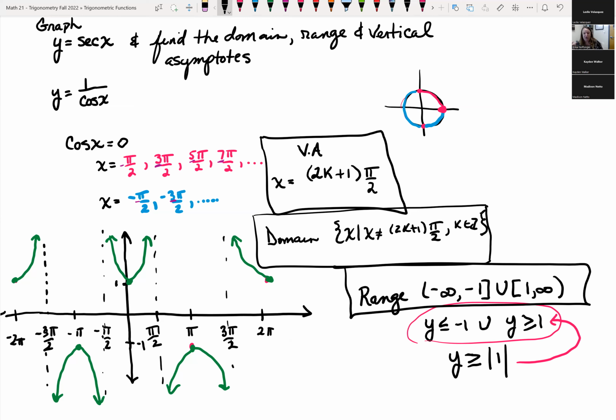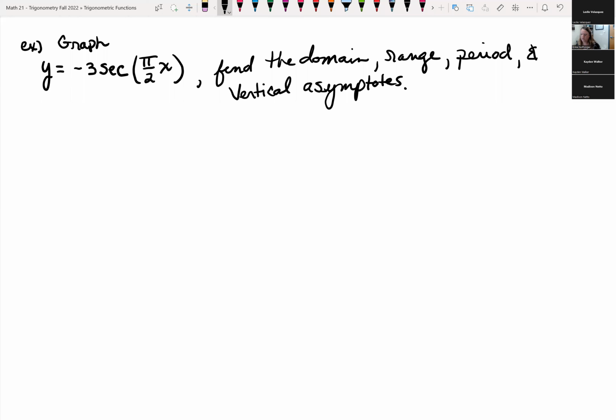And so again, now we can deal with these ones that we've been graphing before with these transformations and graph these transformations of secant of x and cosecant of x. So let's look at a couple of those examples. Okay, so we want to graph y equals -3 secant of pi halves x.